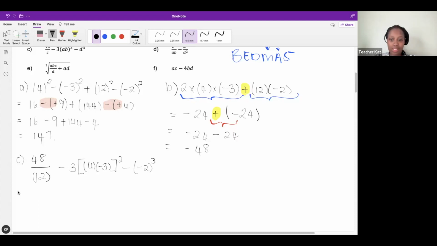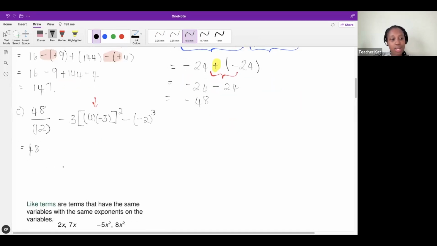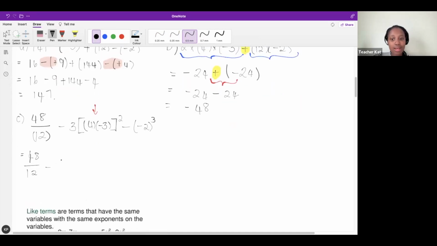My big bracket. There we go. So we can simplify inside the bracket, which means I'm going to leave everything else the way it is, just to keep track of what I am doing. Let me do this. 48 over 12 minus 3. Now I am inside my big bracket.